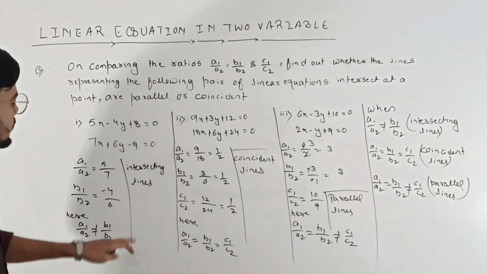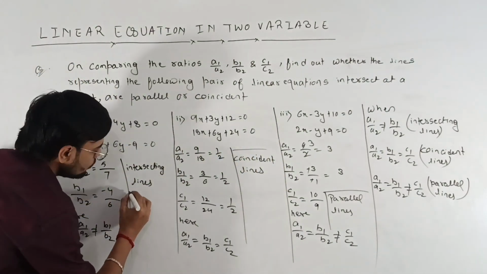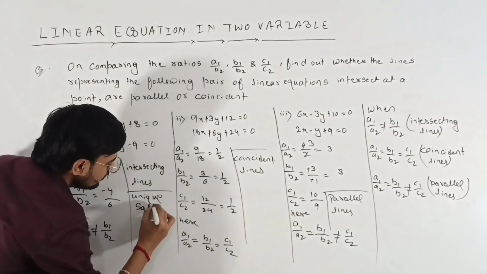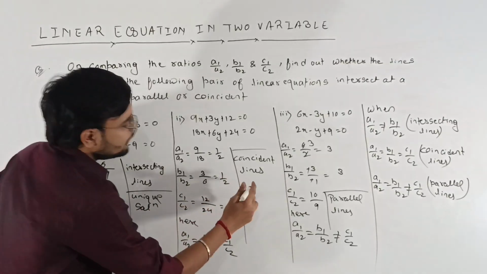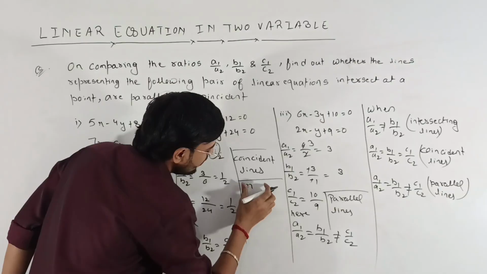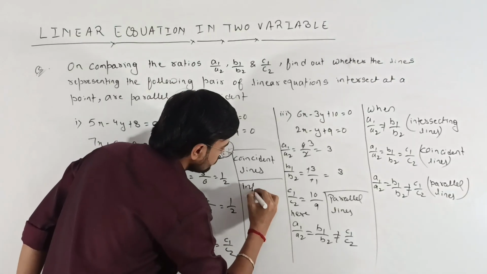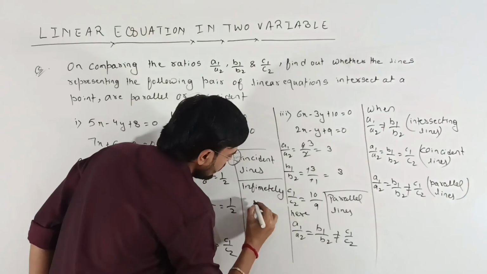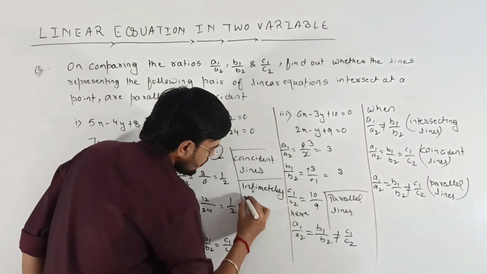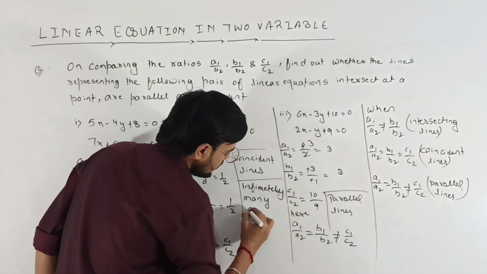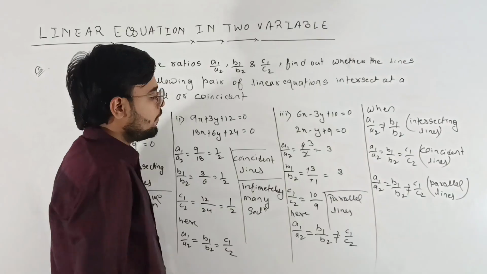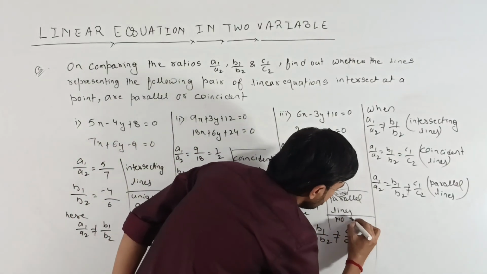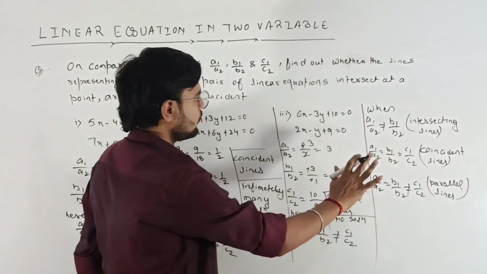Now look, if the graph is intersecting, it means a unique solution. When the graph is coincident lines, it means infinitely many solutions. And when the graph is parallel, then there is no solution.